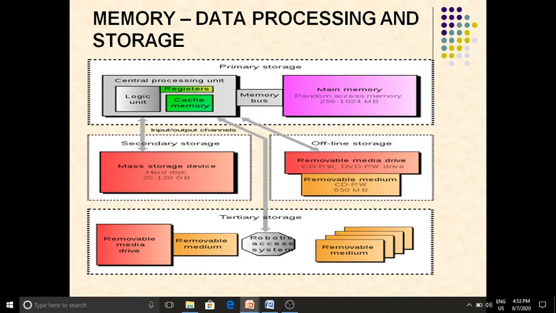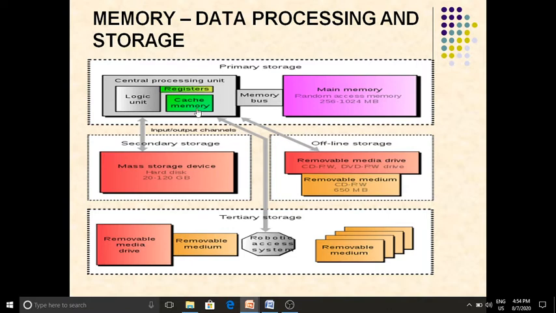This slide is showing you the memory, data processing and storage. That is primary storage, here on the top, and this is the central processing unit. The central processing unit contains the logical unit, registers, cache memory, then you have the memory bus and main memory. Next are the input output channels.